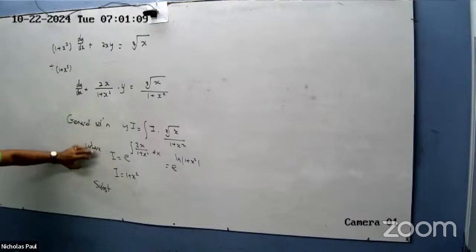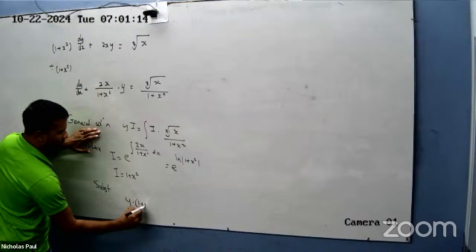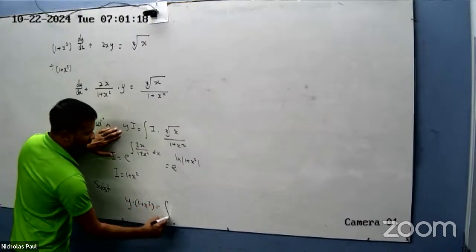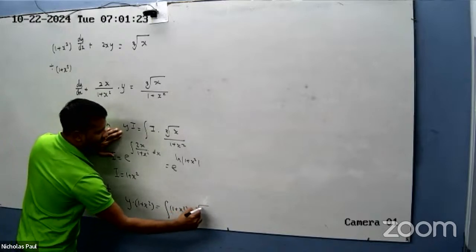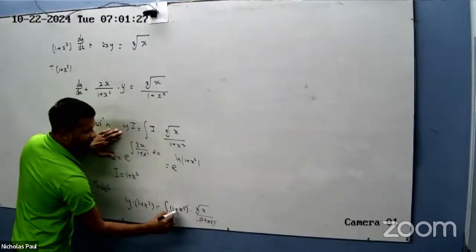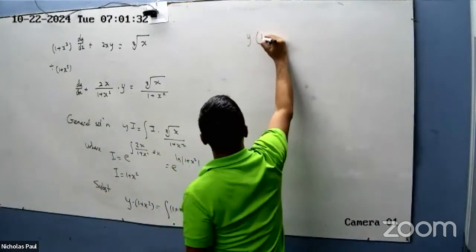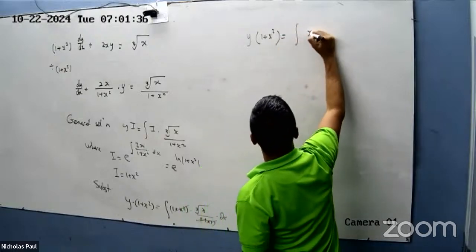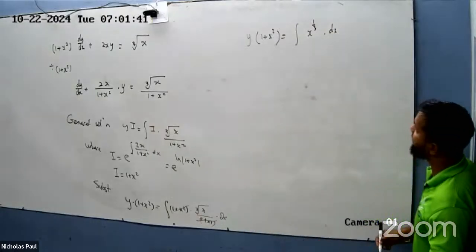We have I. So we'll get y multiplied by 1 plus x squared is equal to the integral of 1 plus x squared times the cube root of x over 1 plus x squared. This will cancel. And you'll get y times 1 plus x squared is equal to the integral of x to the 1/3. Remember, cube root means x to the 1/3, right?